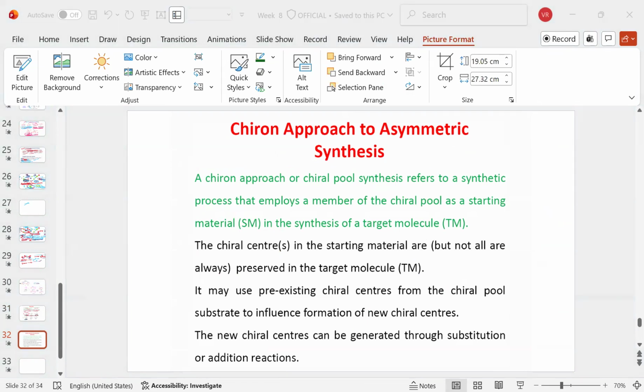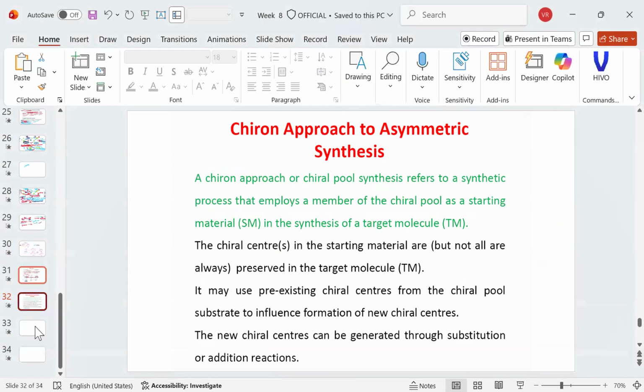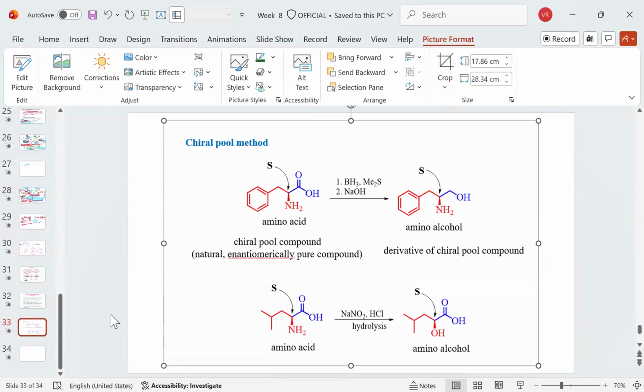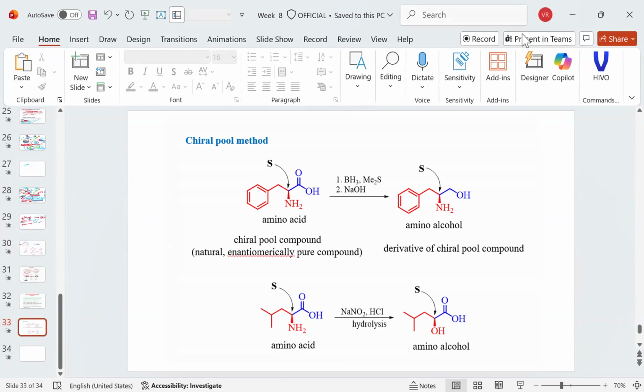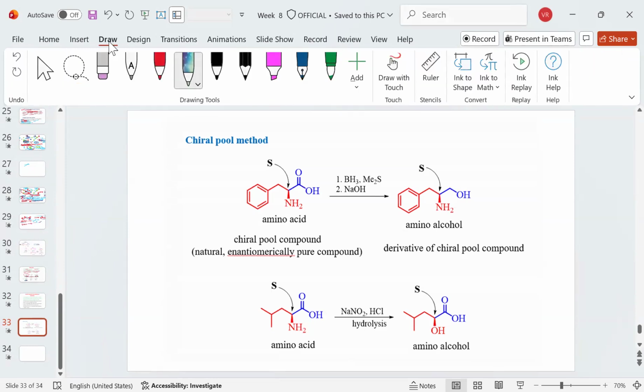So let's see some examples. Let's take a simple one, starting with a one-step synthesis. This is our target molecule, in which you can see there is chirality involved. What we selected is a starting material that itself has the chiral center.